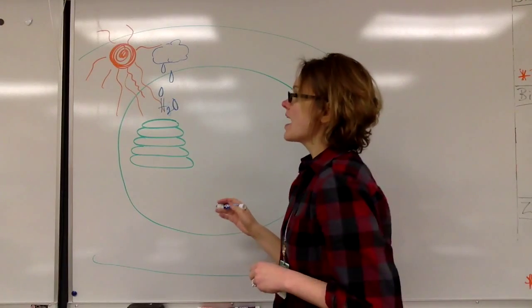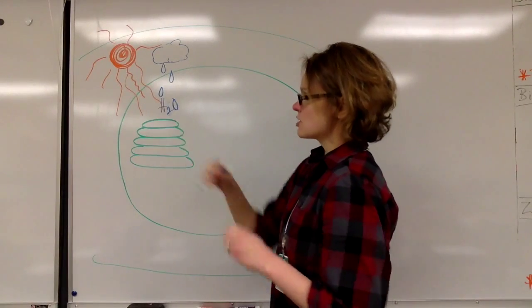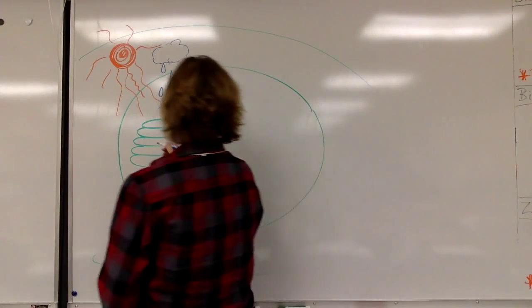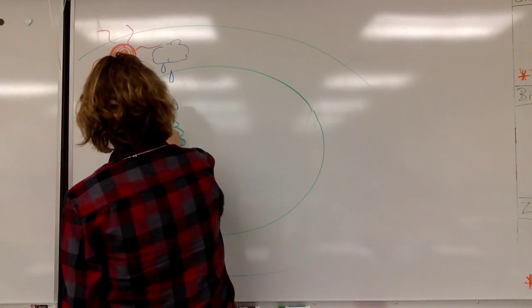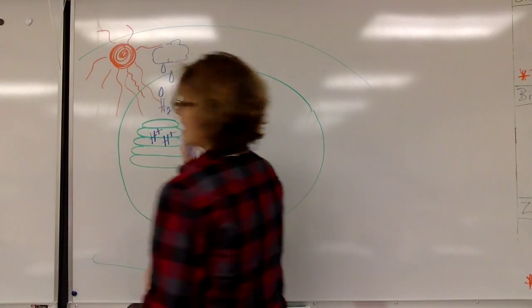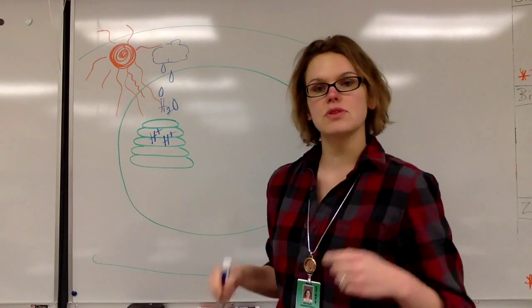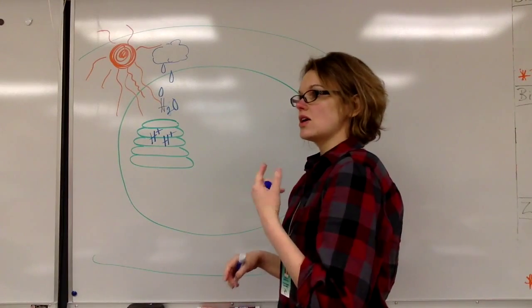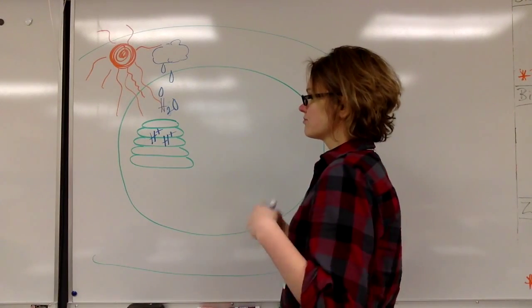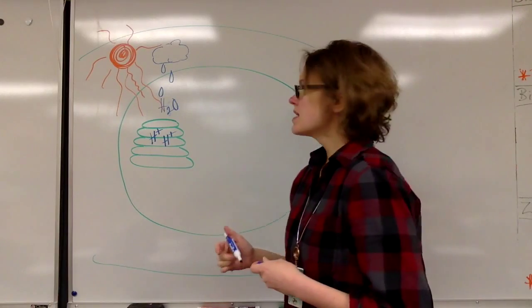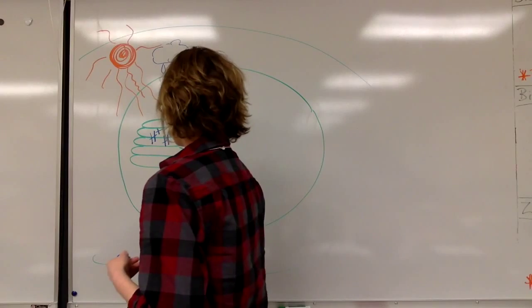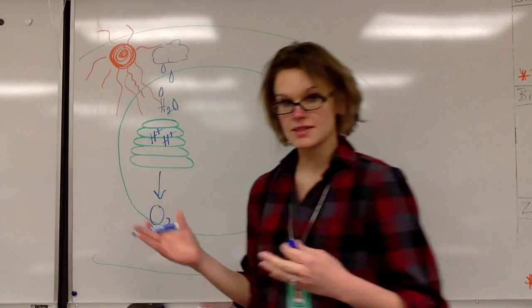This is going to provide the energy to split that apart. And so we are left with hydrogen ions, which we have the little plus signs on them to show that they are ions. They have a charge to them. And then the oxygen, as we well know, is given off, which is yay for us.